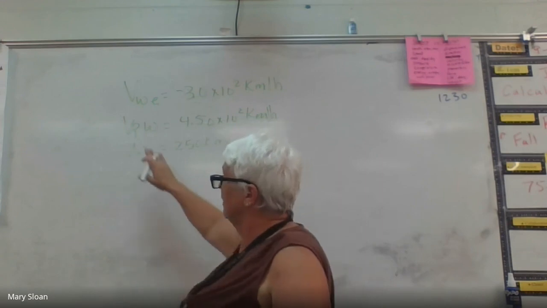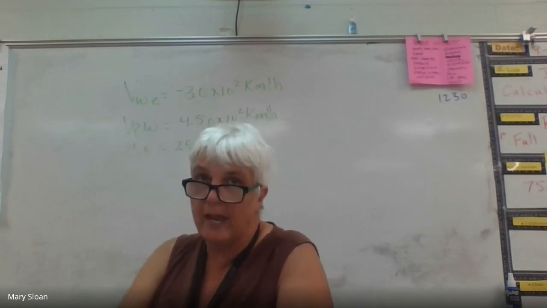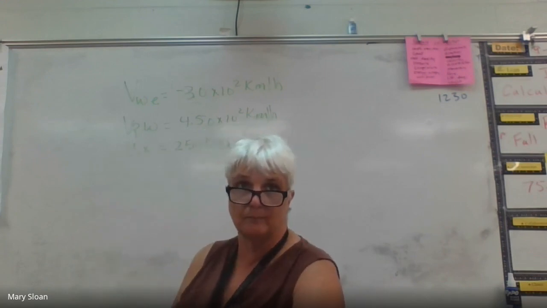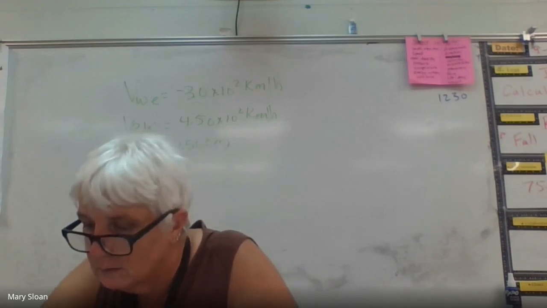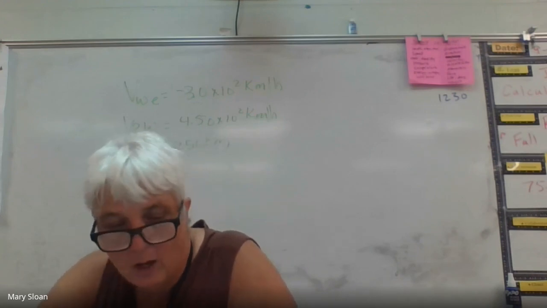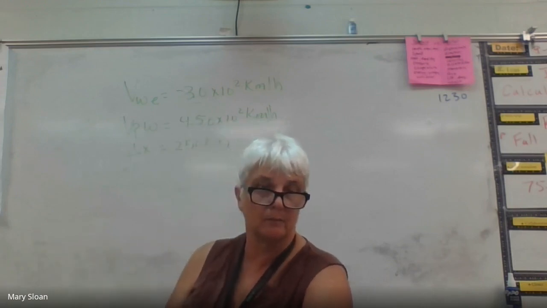So this is the plane against the wind speed. Are we good so far? Okay. The change in x, we know what that is. That's position, right? What are we looking for? How long? We're looking for change in time. Is everybody good? Okay.